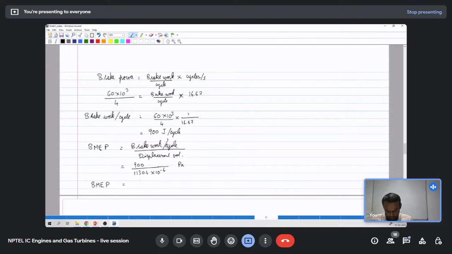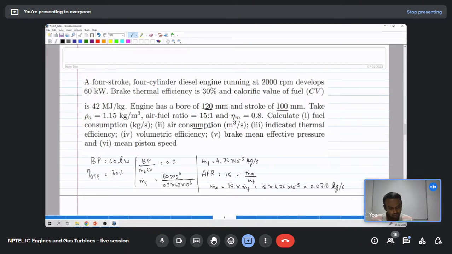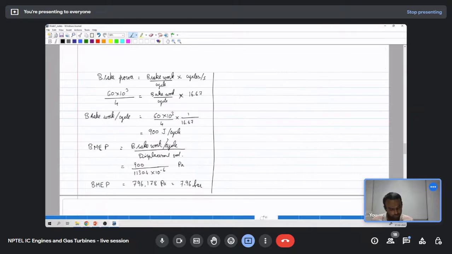I am getting 796,178 pascals. So this is 7.96 bar. Can everyone get the same value, 7.96 bar?